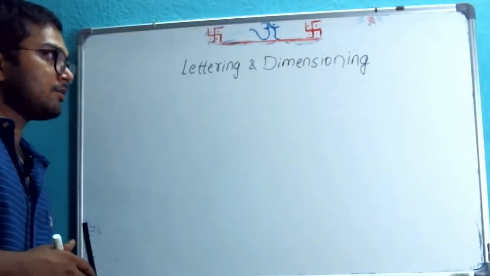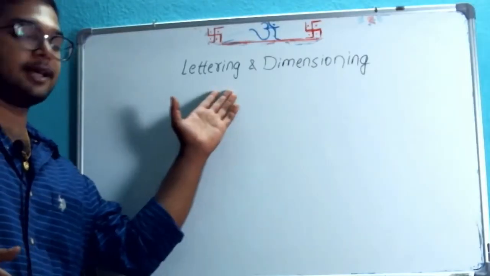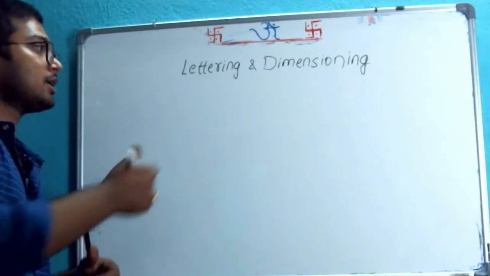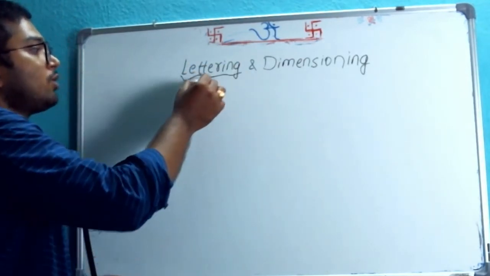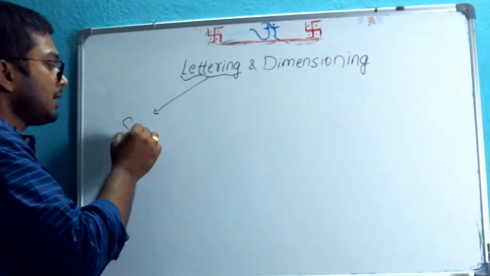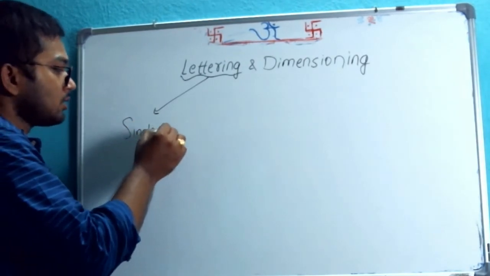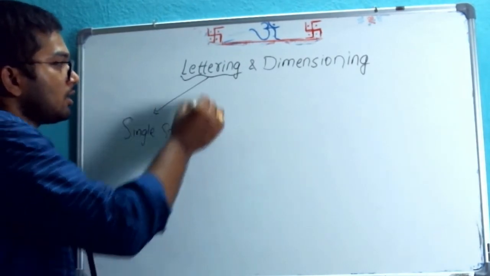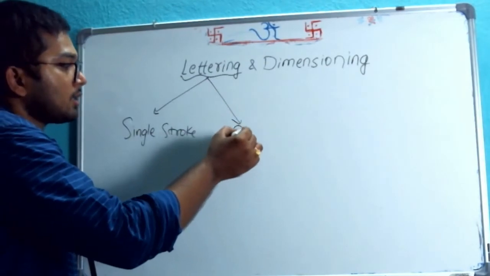Now, coming to lettering and dimensioning in engineering drawing. Lettering can be of two types. One is single stroke, the other is Gothic.